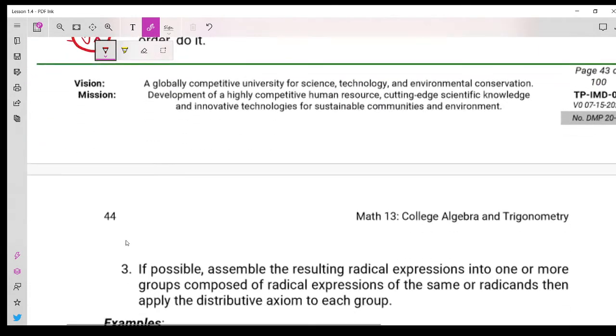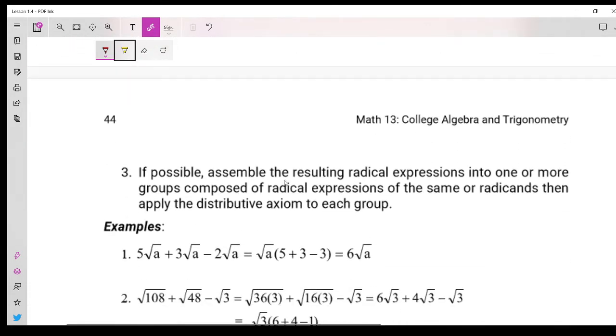And number 3, if possible, assemble the resulting radical expressions into one or more groups composed of radical expressions of the same order and radicands, meaning similar radicals should be grouped together. Then apply the distributive axiom to each group.